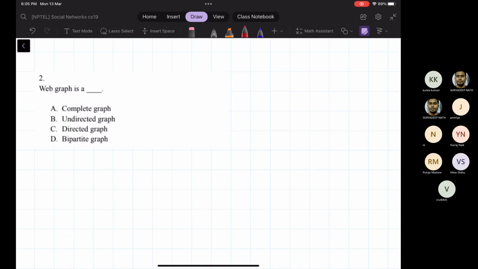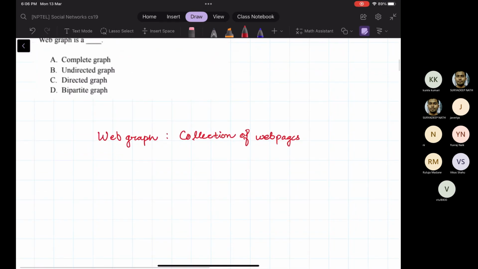So if you look at a web graph, a web graph is a collection of web pages, and the edge in a web graph denotes a link from one web page to another.